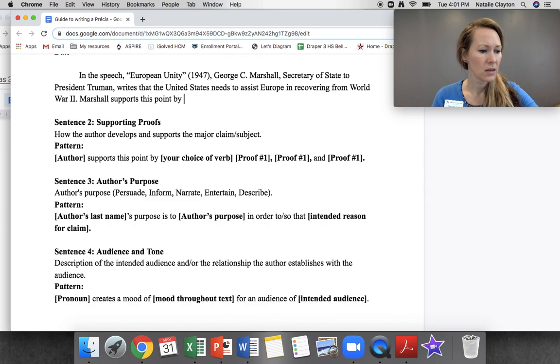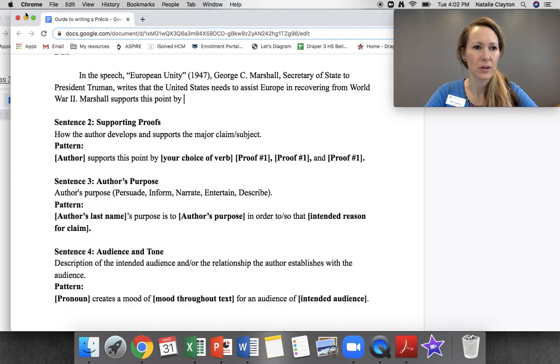Well, he establishes this argument. So he could support this point by, or he could establish this argument by expressing the dire situation of Europe's collapsing economy. I'm choosing a lot of words here.